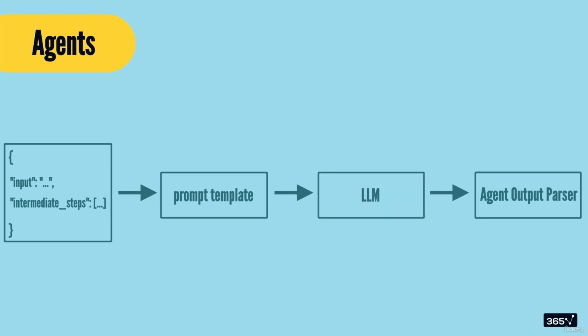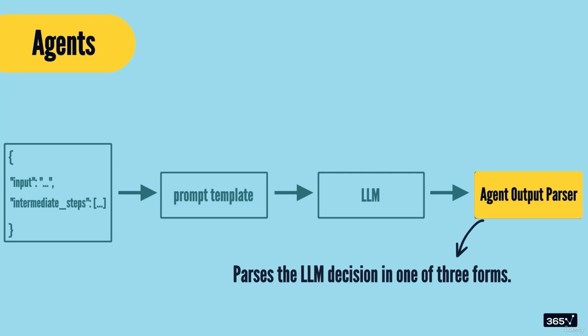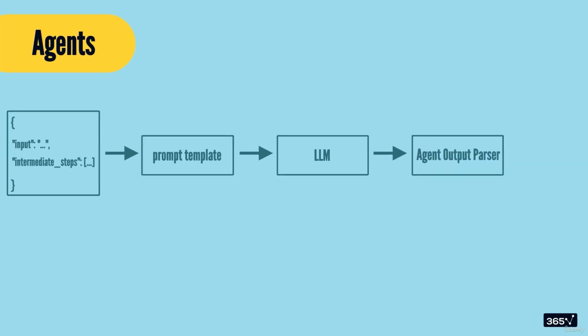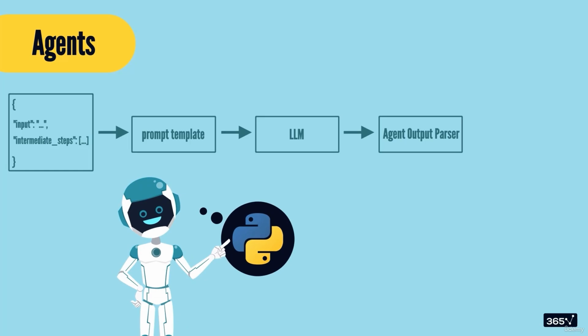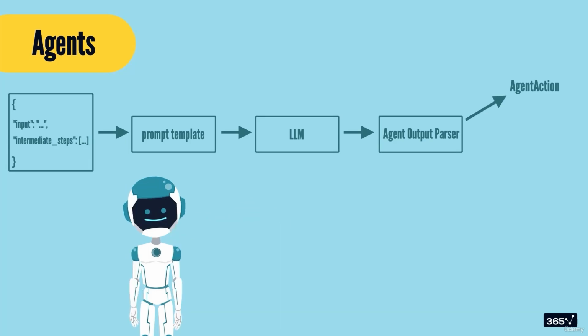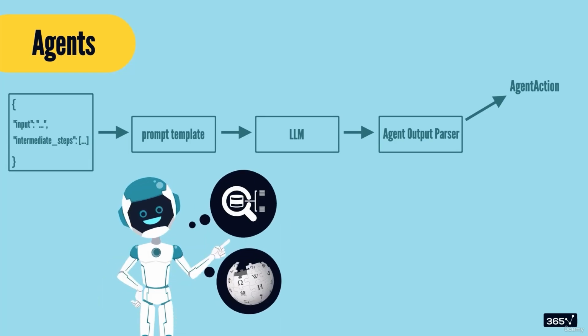Finally, we arrive at the agent output parser, whose task is to parse the LLM decision in one of 3 forms, depending on the situation. If the LLM has suggested a tool to continue the solution in the next step, the agent output parser will return an agent action object. If the LLM has suggested more than one tool, the parser will return a list of agent actions.